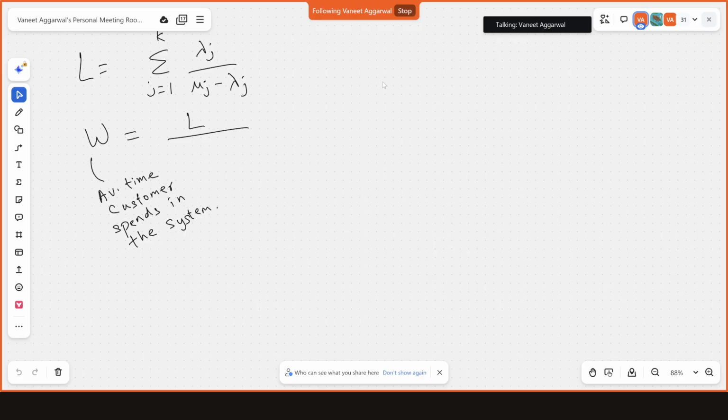Any thoughts? It's the summation j equal to 1 to k. Is it lambda j or Rj?